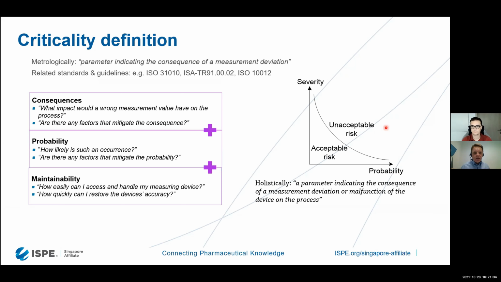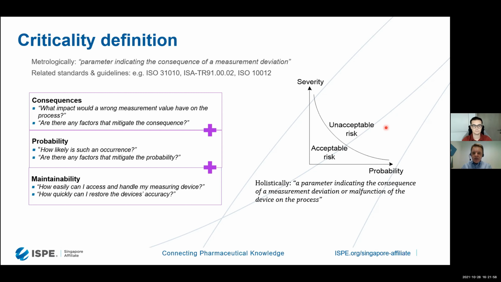How likely is it to occur? And are there any factors that would mitigate this probability? The third aspect which comes into the criticality is maintainability. How easily can I access and handle my measuring device, how quickly can I restore my device's accuracy? So altogether, it goes into the criticality definition.